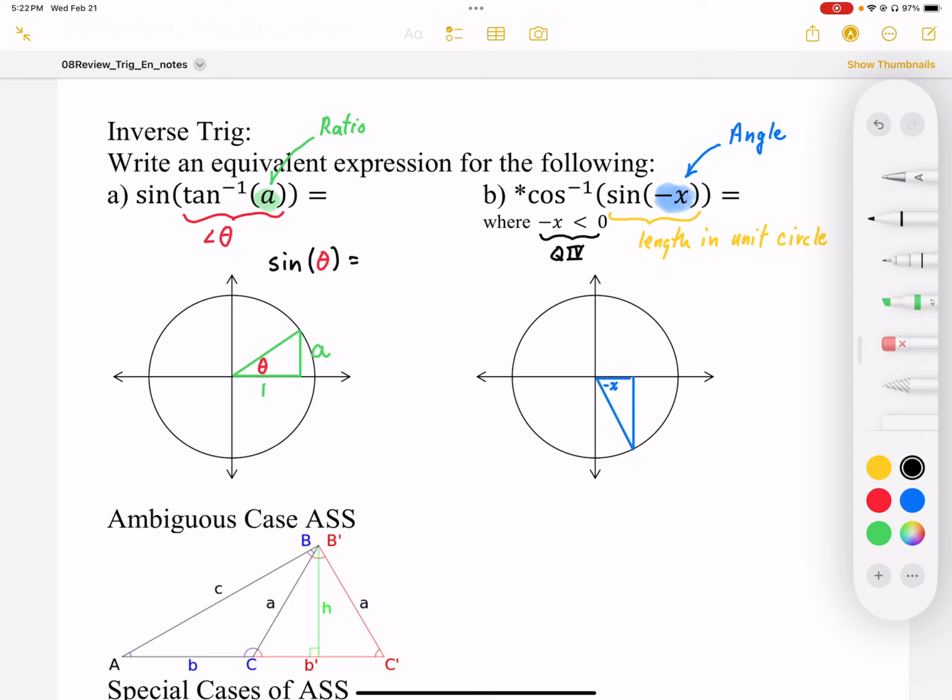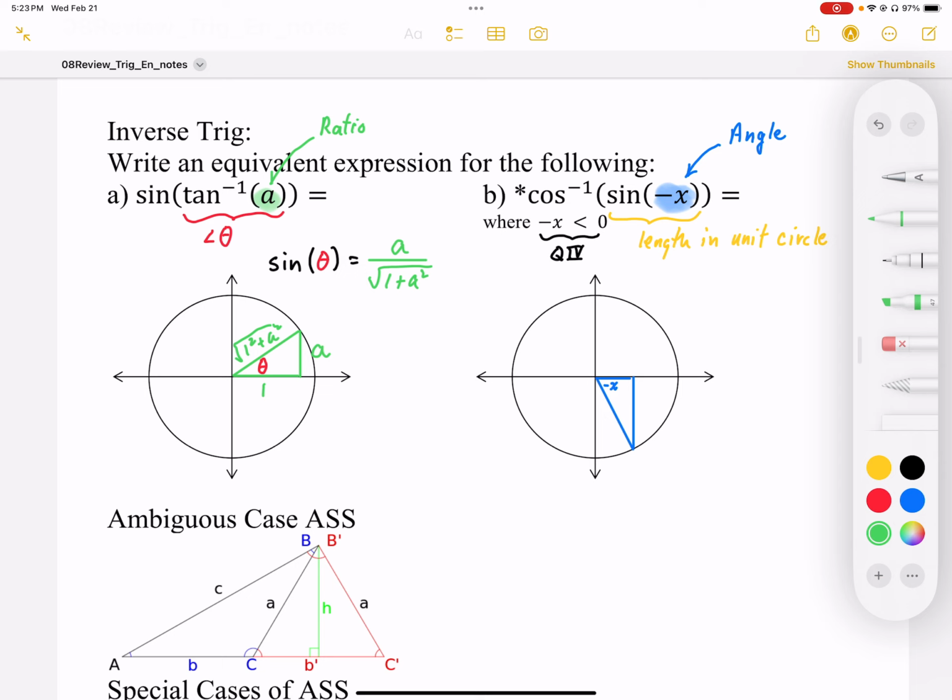Well, in that case, the sine ratio, I can clearly see it's going to be the opposite, or the vertical, over the hypotenuse, or the radius. So I just need to calculate the radius here, and it's going to be the square root of 1 squared plus a squared. And so my ratio ends up being a over the square root of 1 plus a squared.